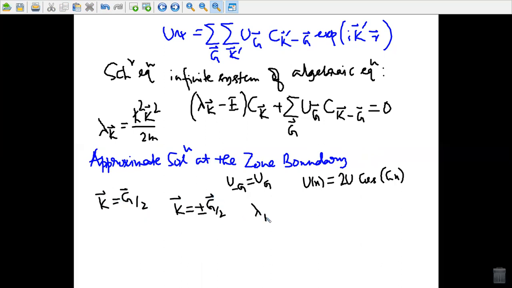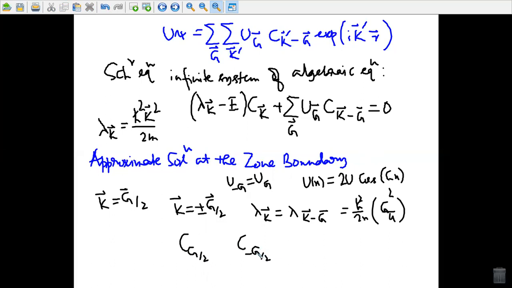That is lambda_k equals lambda_(k minus G), which is h cut square by twice m G square divided by 4. And C_(G by 2) is an important coefficient of the wave function. The C_(minus G by 2) will also be important.